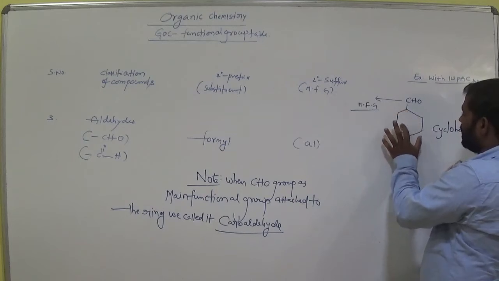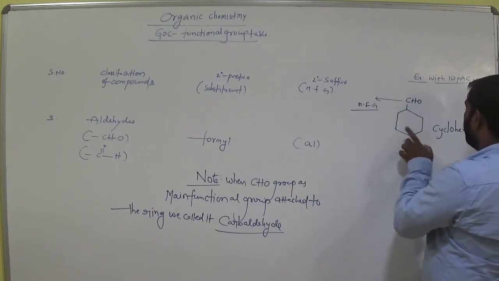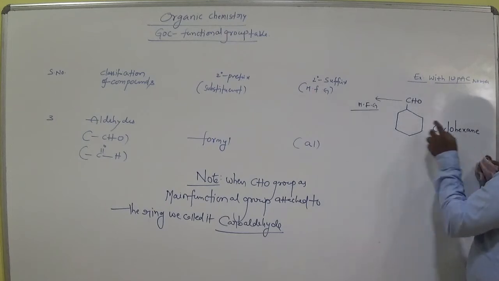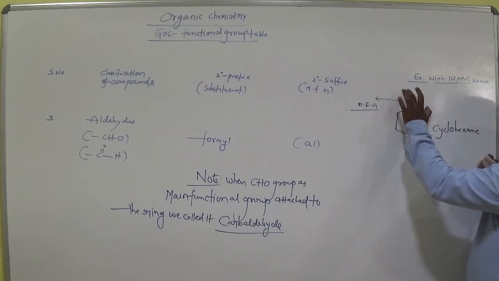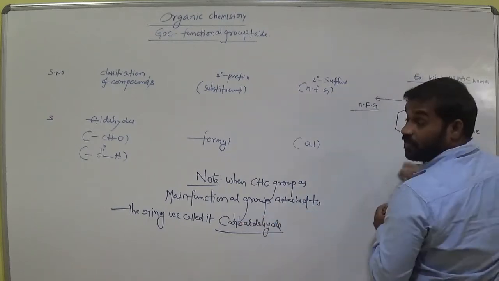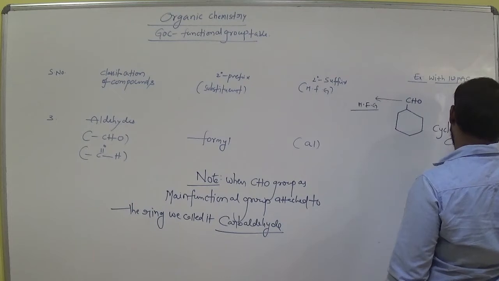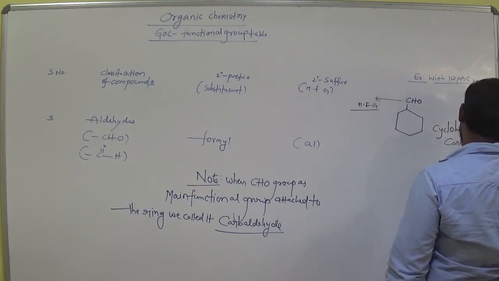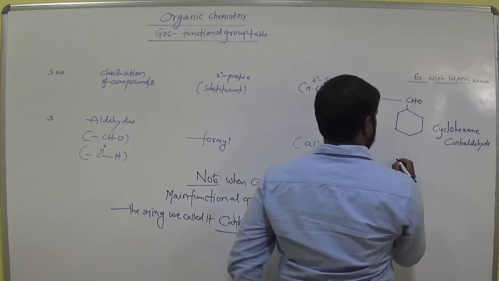This is the main chain, 6 carbons, so the root word is hex. All are single bonds, so hexane, cyclohexane. The CHO group is directly attached to the ring-like structure, so we call it carbaldehyde. So cyclohexanecarbaldehyde is its IUPAC name. Okay, clear? So one more example regarding this.